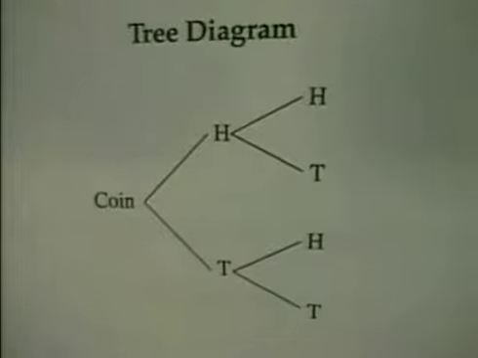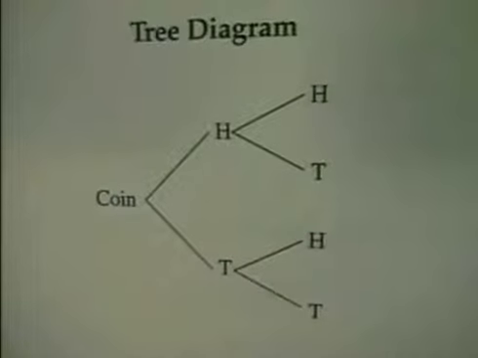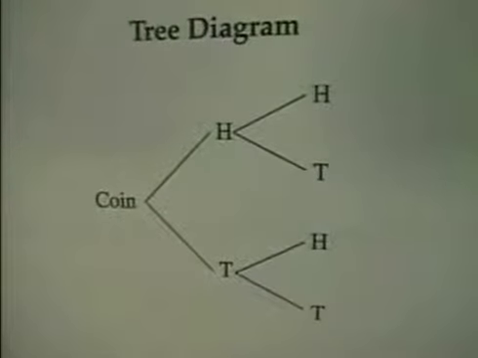And this happens to be what happens when you toss a coin 2 times. So in the first toss, you have a head or a tails. And each of those then have a toss following them, which again can become head and tails. And so we draw a diagram like this to reflect what we are doing.